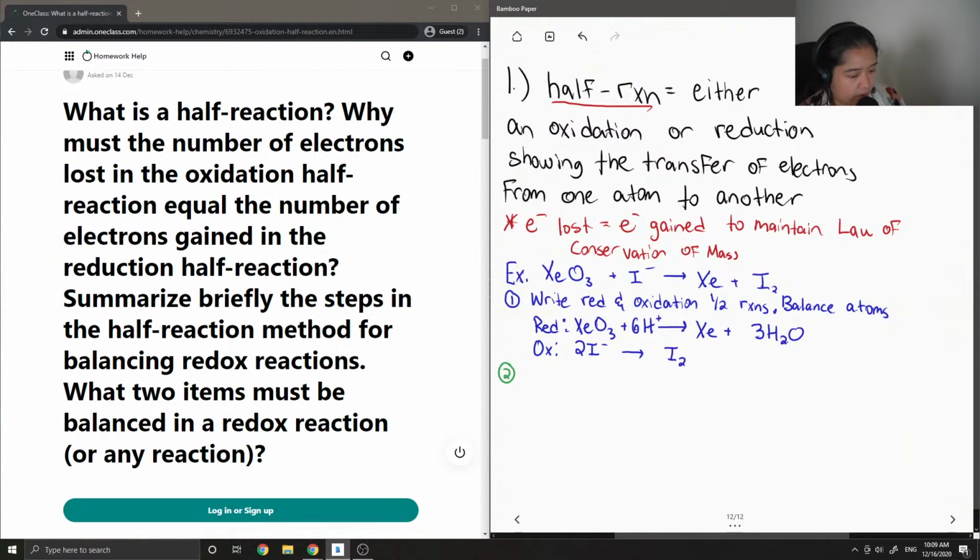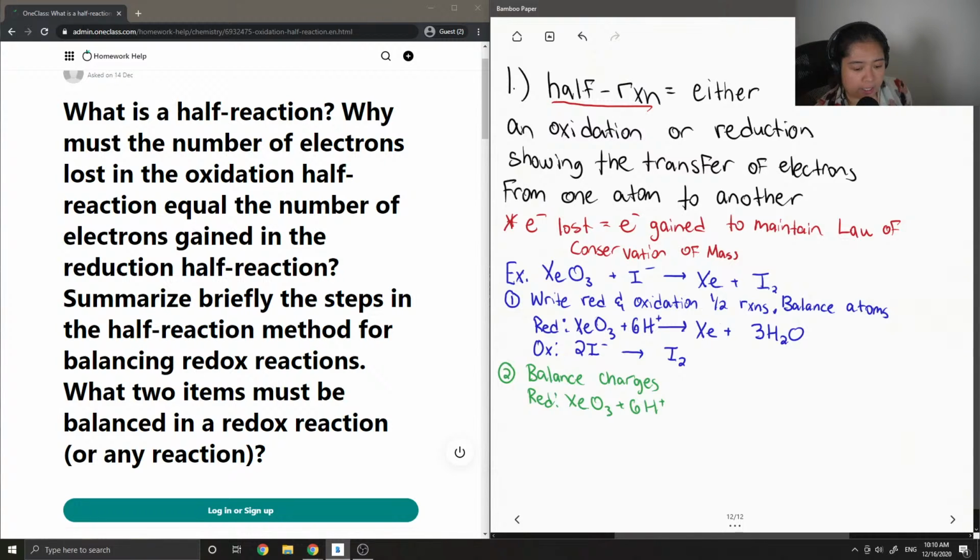Okay, so step 2 would be to balance the charges. We do this by adding electrons. If we look at our reduction reaction, you'll see that there are 6 positively charged protons on our reactant side, and on our product side, everything is neutral.